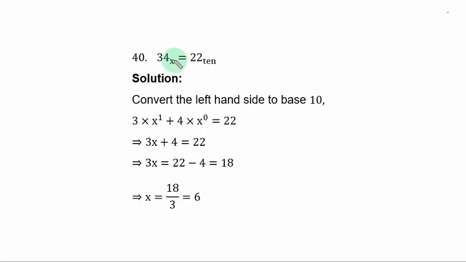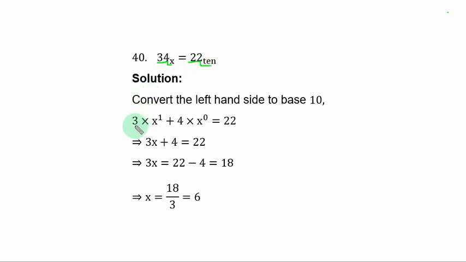Example 40, you have 34 base s equal to 22 base 10. We need to convert the left hand side to base 10, and that is simple.